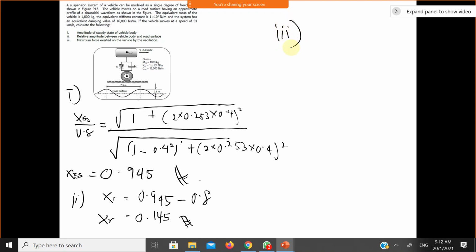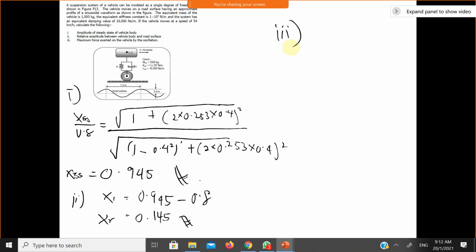Okay. And last one, number 3. Maximum force exerted on the vehicle by the oscillation. Maksudnya dia nak FT lah kan. Maximum force maksudnya transmitted force. Transmitted force yang dia transfer it to the body. Alright, by oscillation. Oscillation maksudnya by sinusoidal wave yang berlaku. So, what is our FT?